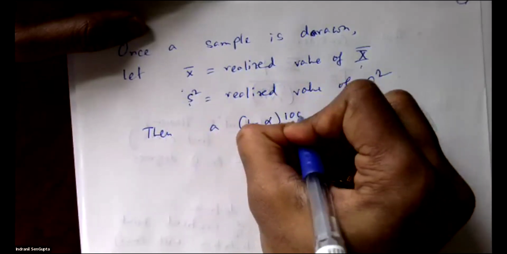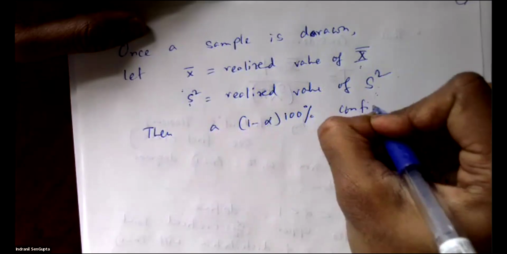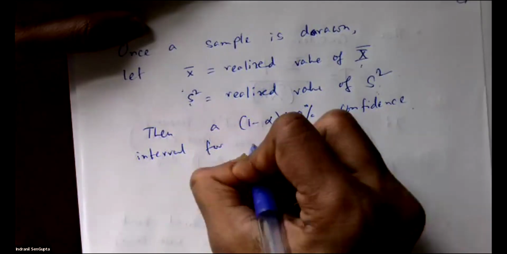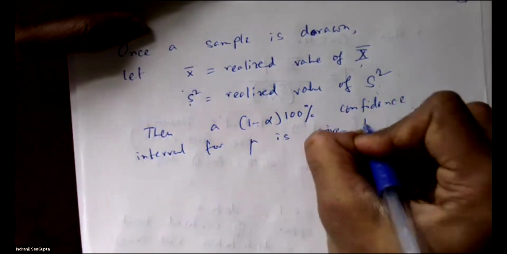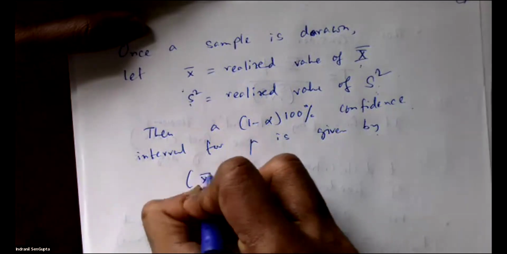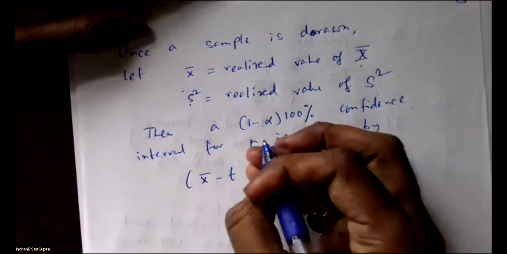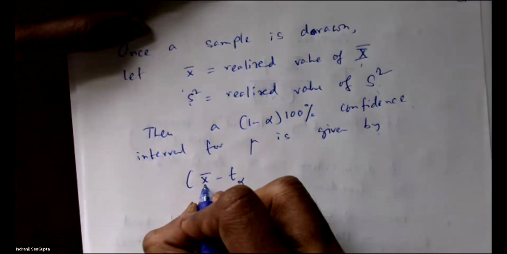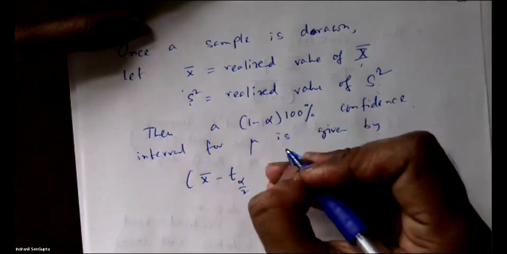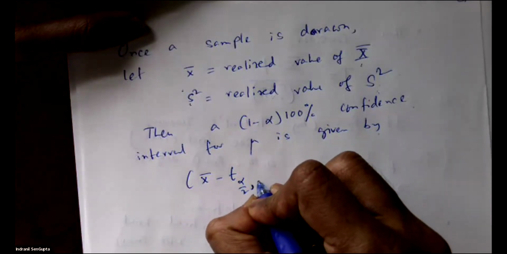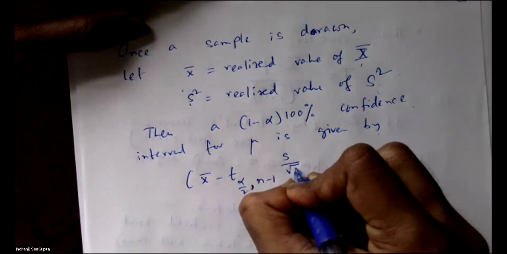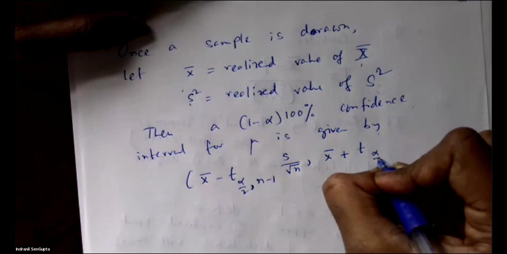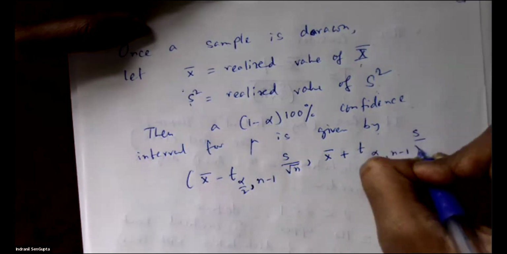Then the 1 minus alpha 100% confidence interval for mu is given by x bar minus t of alpha over 2, n minus 1 times s over square root of n, to x bar plus t of alpha over 2, n minus 1 times s over square root of n.